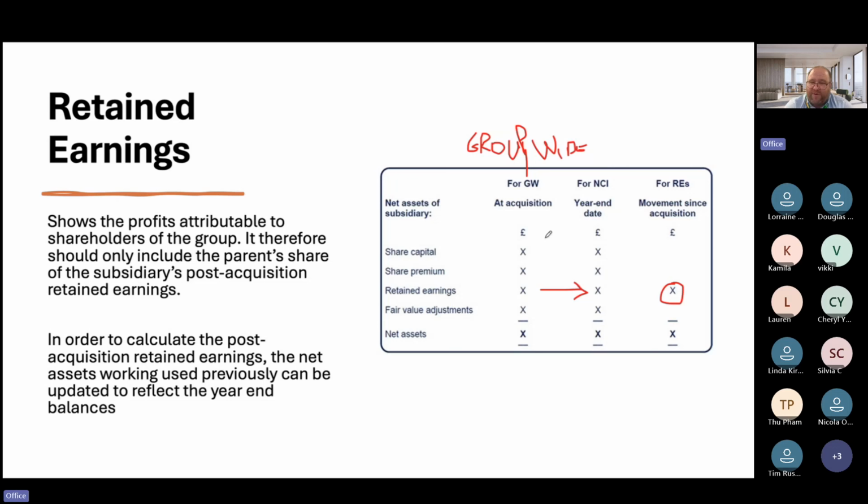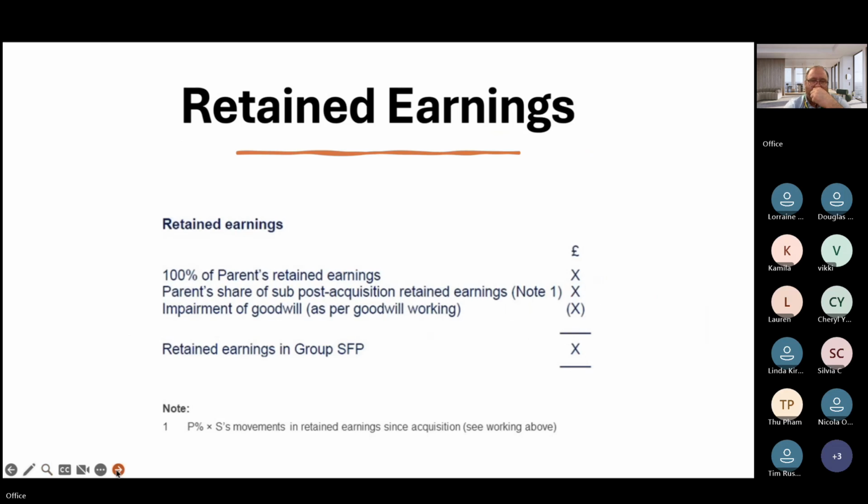You don't really care about whether share capital and share premium have changed. You do for other problems, but for retained earnings, you're looking solely at that line there. What were they at acquisition? What are they at the year-end date? What's the movement? And then that's what you do with it.